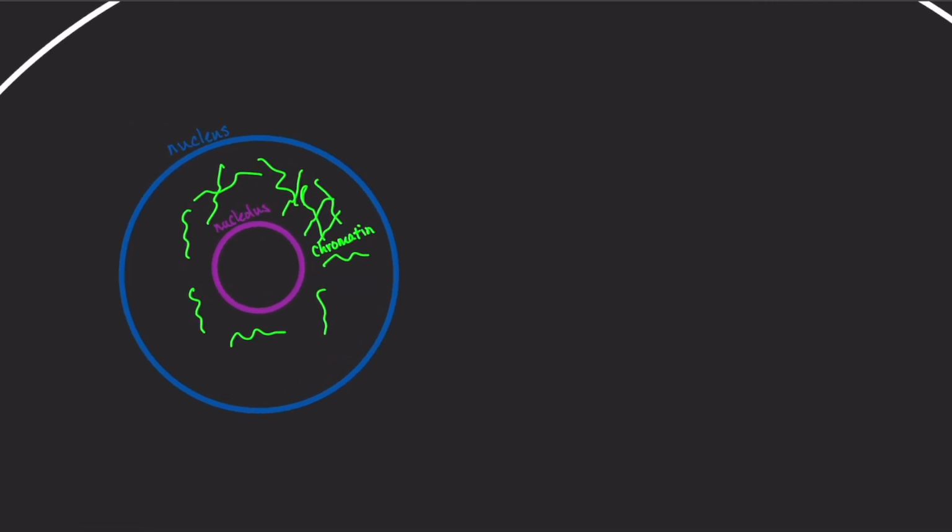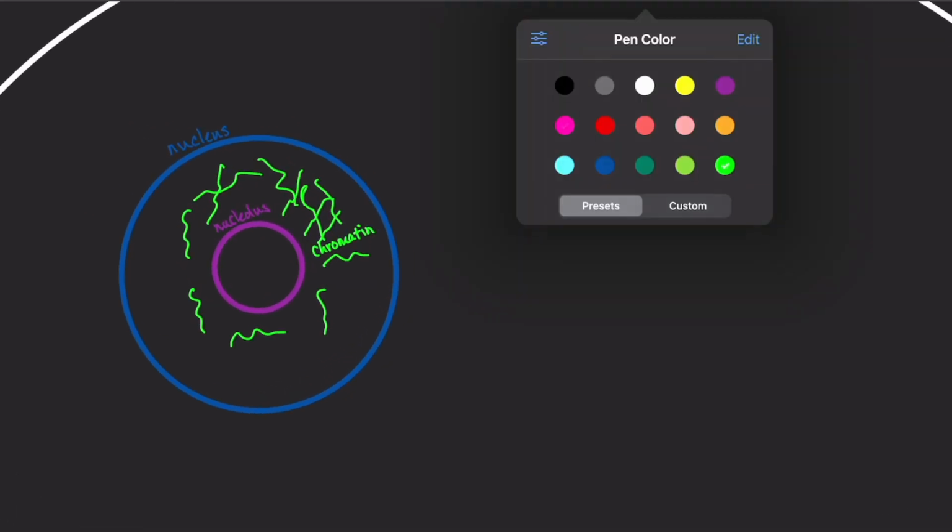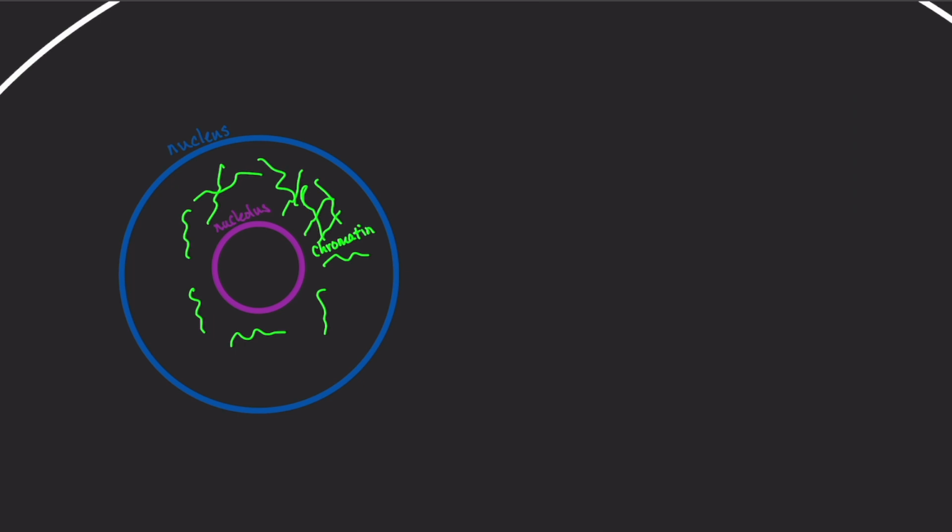Off of this, I need a new color. How about this guy? We're going to draw the ER, okay? Both the smooth ER and the rough ER. How do I want to draw this? Okay.